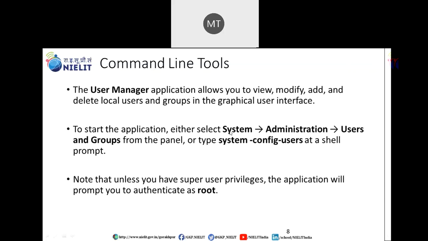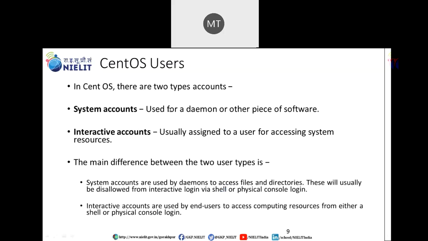To start the application, either select Administration, Users and Groups from the panel, or type the config user command at a shell prompt. Note that unless you have superuser privilege, the application will prompt you to authenticate as root. So all the normal users are managed by the root user or superuser, also known as the administrator user.